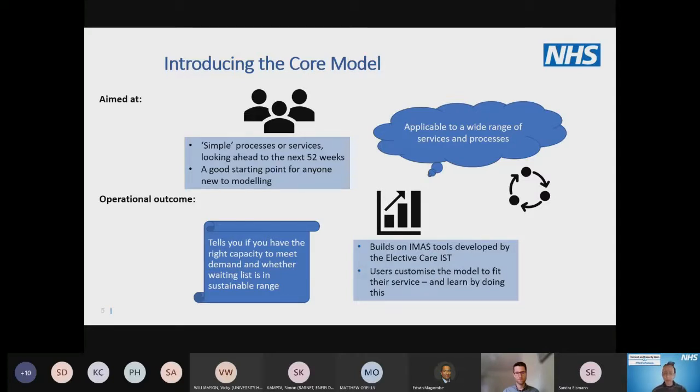Secondly, it will look at your waiting list size and see if it's within a sustainable range to support delivery of your access targets. So for example, if you need to see your patients within, say, 6 weeks, whether you're likely to achieve that given the size of the waiting list that you have.